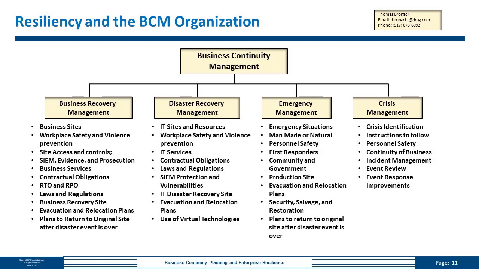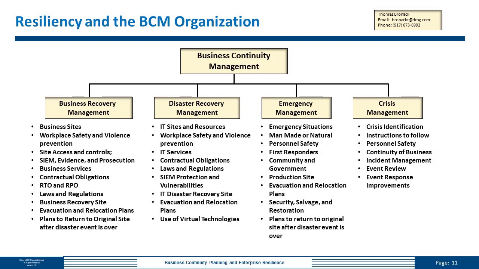Business continuity management supports 1. Business recovery management for business locations and to provide workplace safety and violence prevention. This is sometimes referred to as COOP. 2. IT disaster recovery management should a data center suffer a disaster event, or an application or service experience a major outage. 3.